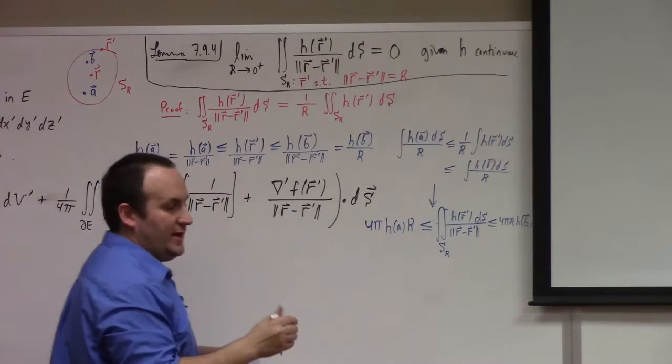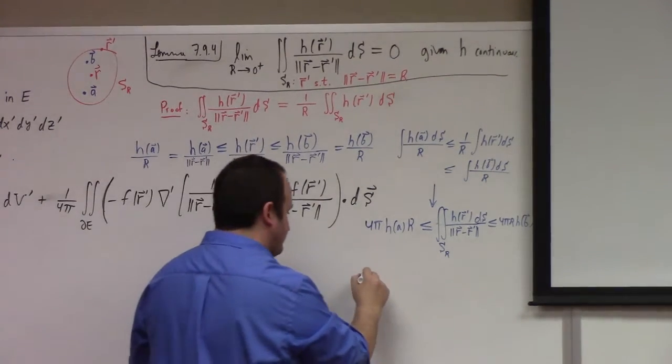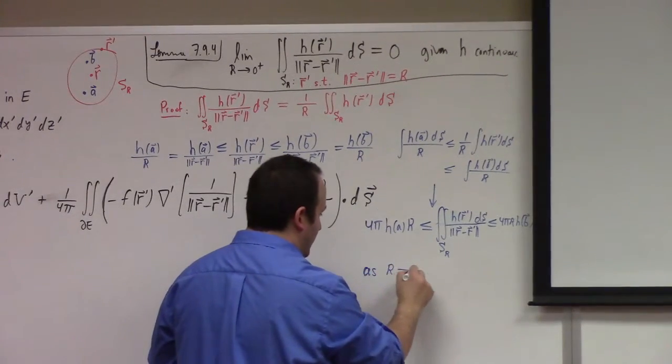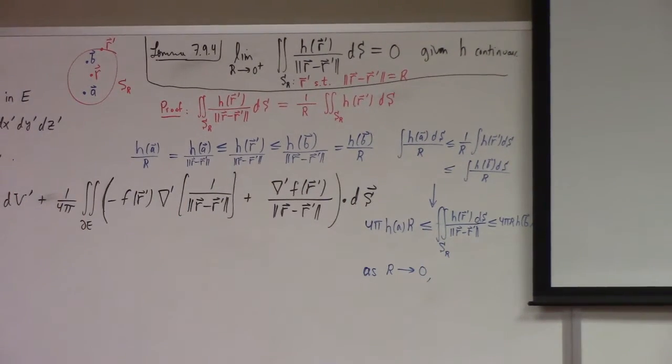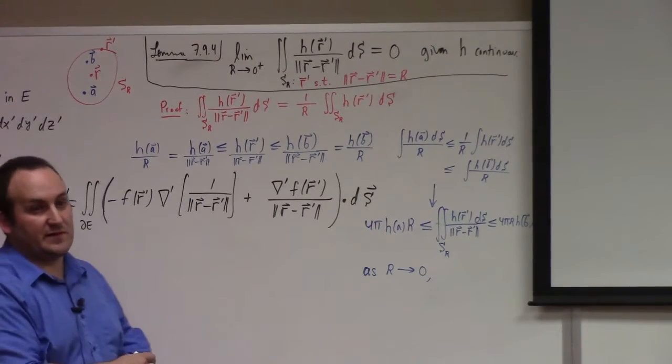And then what happens as r goes to 0? The thing below the integral goes to 0. The thing above the integral goes to 0, because h of a and h of b are just constants that are bounded. They can't blow up, right? In fact, a and b also both tend to r for what it's worth. What you're looking at is r times h of r as r goes to 0.